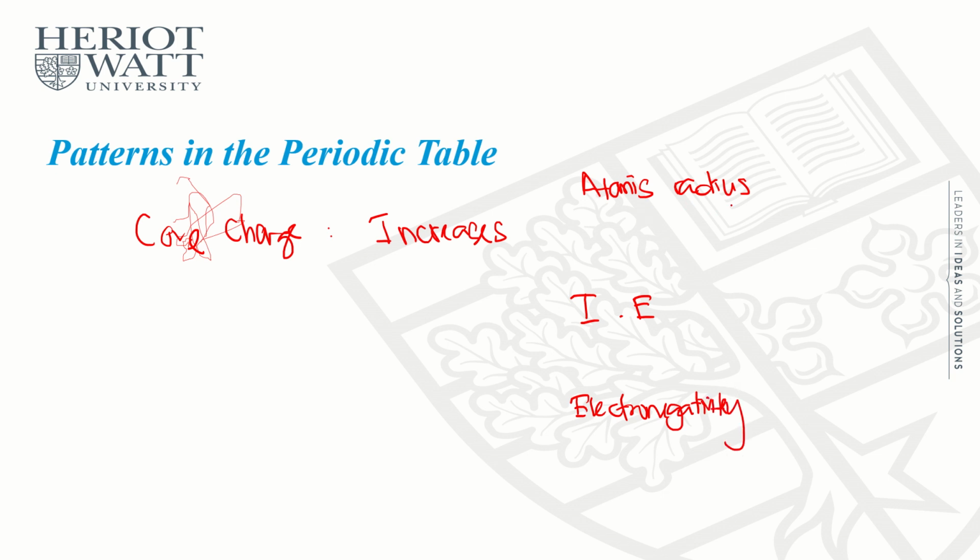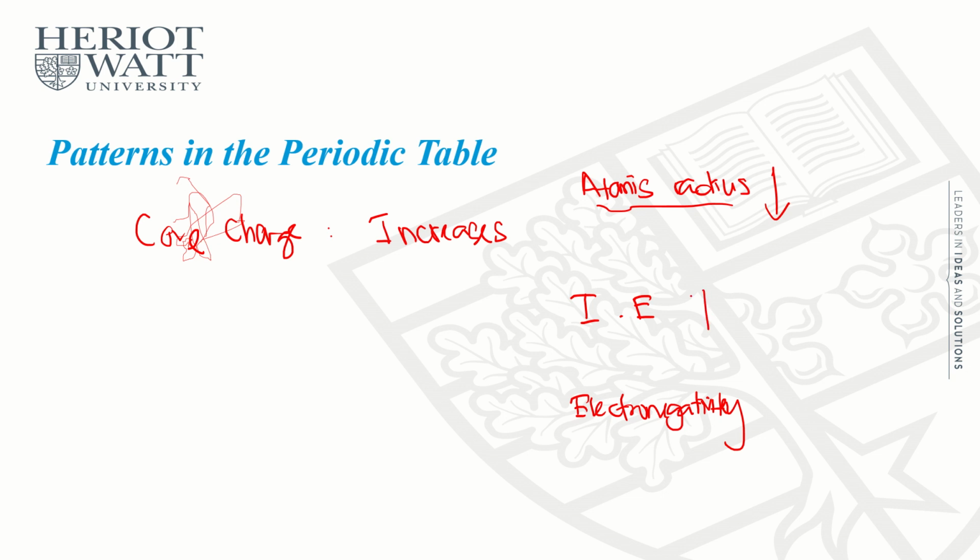Okay, so in terms of atomic radius, when core charge increases, atomic radius will actually decrease because of stronger attraction from the protons, from the nucleus, which pulls all the electrons towards the nucleus. So it makes the size shrink. It makes it smaller.